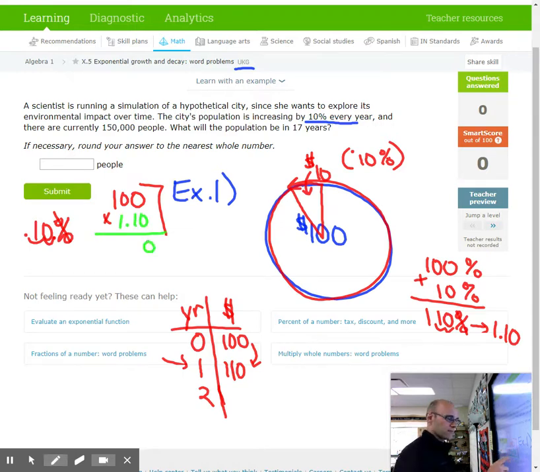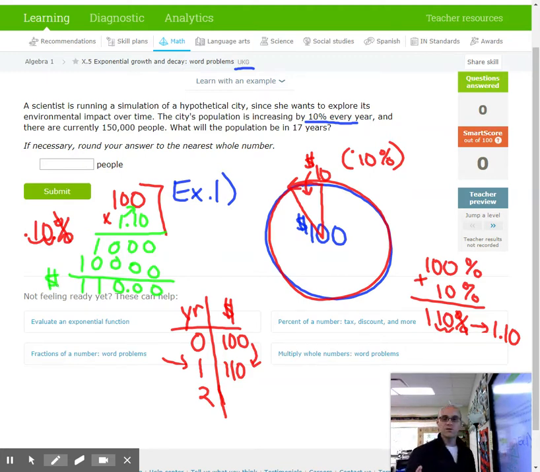Multiply: 1 times 0 is 0, 1 times 0 is 0, 1 times 1 is 1. And you could type these in. This is a calculator allowed topic, most likely, in most of your math classes. Holy smokes, we got $110. This was 1 move. We took it times 1.10, and we actually got the final total for this first year: $110.